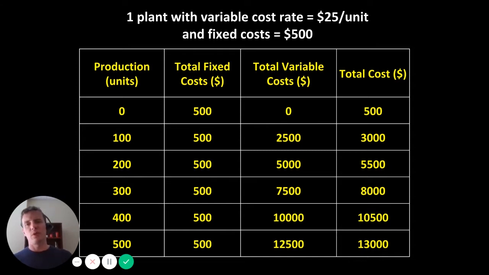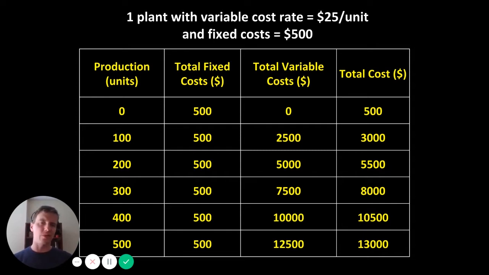If we produce 200 units, our total variable costs are 200 units, again, times that $25 per unit variable cost rate, and that gives you $5,000. And so forth and so on. You can go row by row here and calculate total variable cost as the product of the total number of units produced and that variable cost rate of $25 per unit.